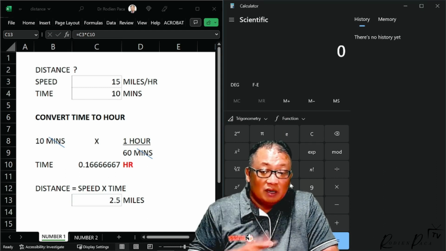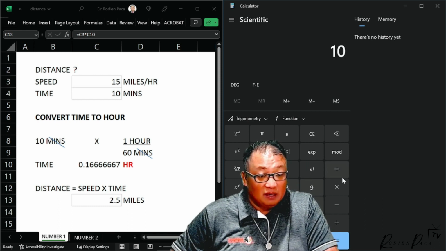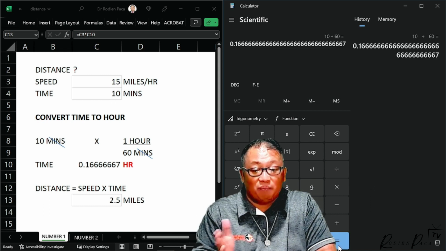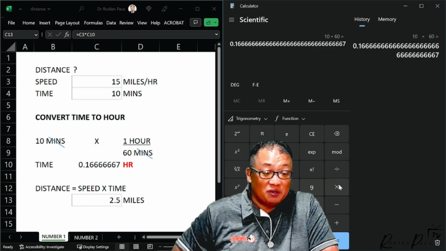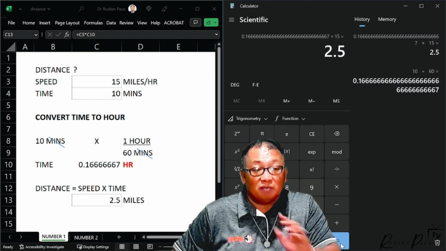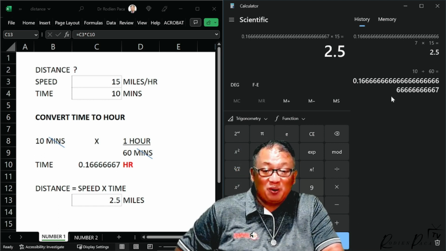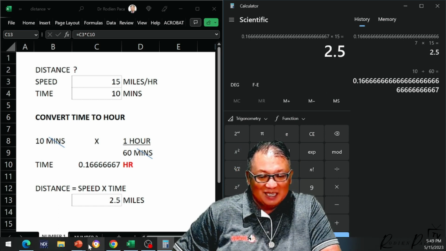First is 10 divided by 60, which gives us 0.1666 hours, the conversion. You multiply by 15 speed, you'll have 2.5. Easy. Problem number 1 of distance.